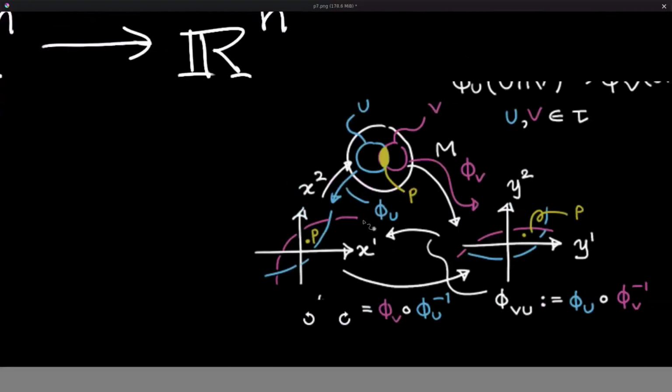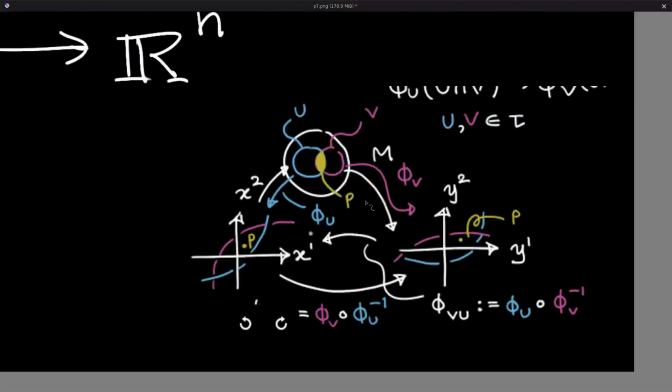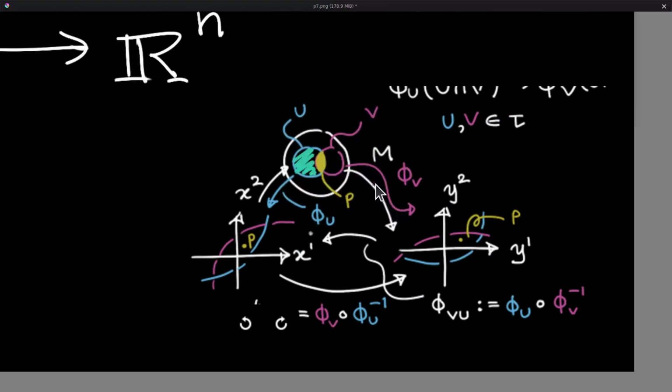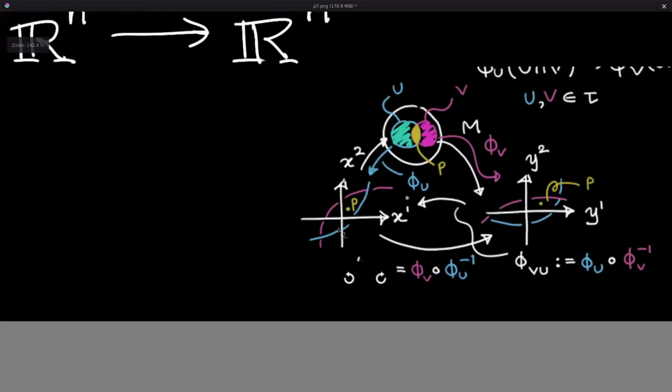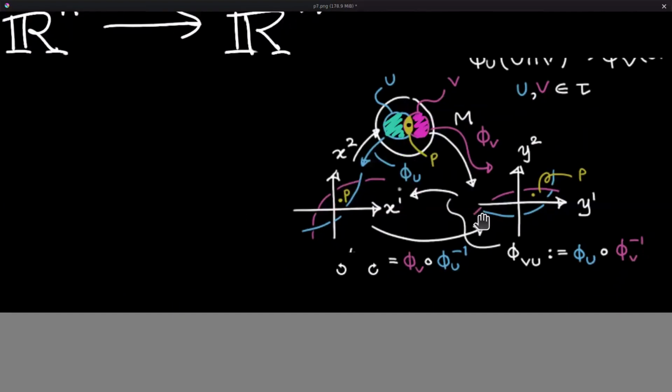So basically what we have here is the manifold M up here, and you have two different charts. You have the one for the blue set U here, and you have one for the pink set V. And there's an intersection between U and V, and in the intersection we have a point P right there.